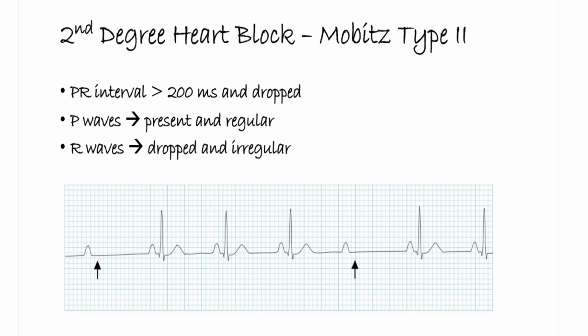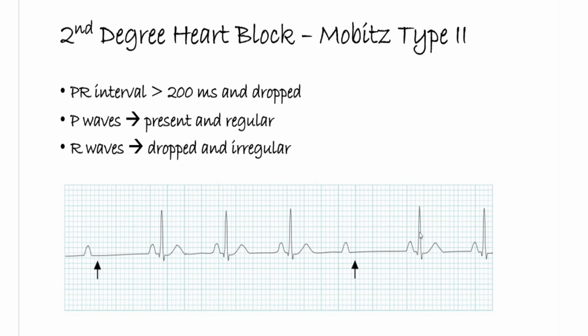Here the P waves are regular if you apply that criteria. P waves are present and are regular, meaning that if you measure via caliper or the paper method, the difference between two P waves, the PP interval, is kind of regular. You can see here the P wave, then the QRS, then P, again this P, then this P again.